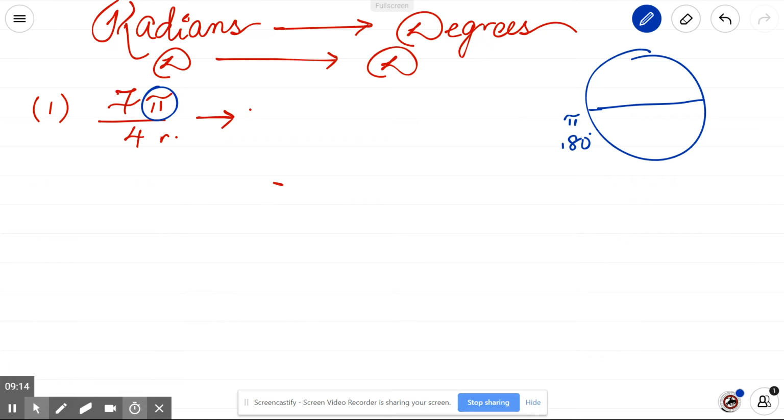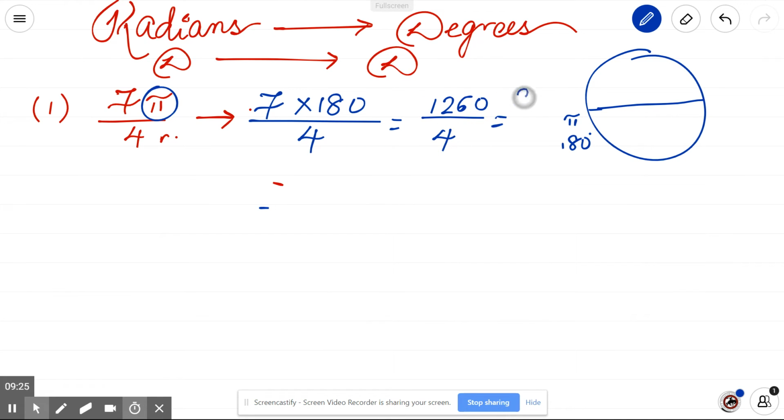So instead of pi, I can apply 180. So here I'll have 7 times 180 divided by 4, which is going to be 1260 divided by 4, and that is 315 degrees. As you can see, it is a little bit more than 180 degrees, very close to 360 degrees, but that is the answer.